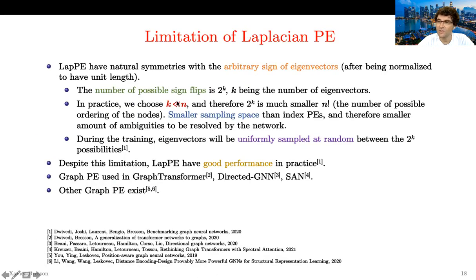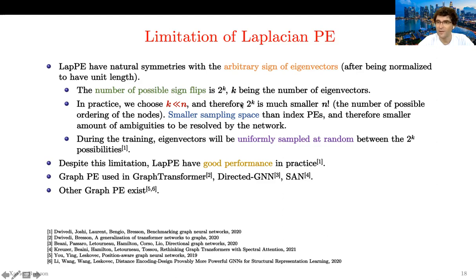There is a limitation with this Laplacian positional encoding. Laplacian eigenvectors are actually defined up to the sign, plus or minus 1. If you have k positional encoding Laplacian eigenvectors, the number of possible sign flips is 2 to the power k.